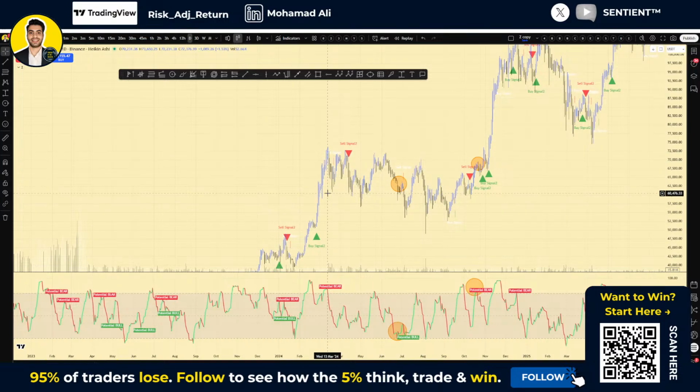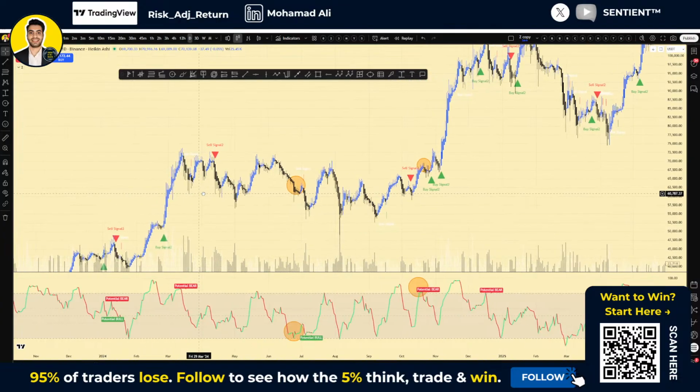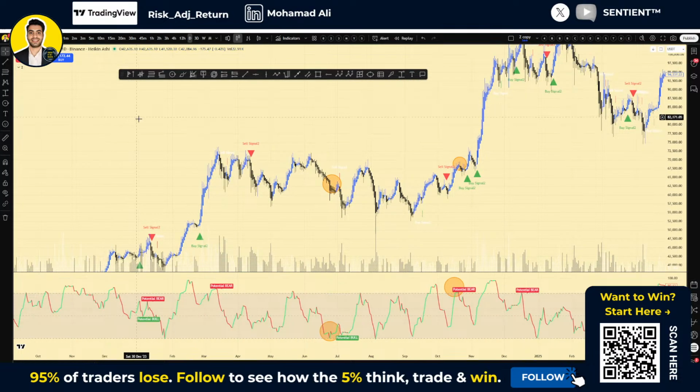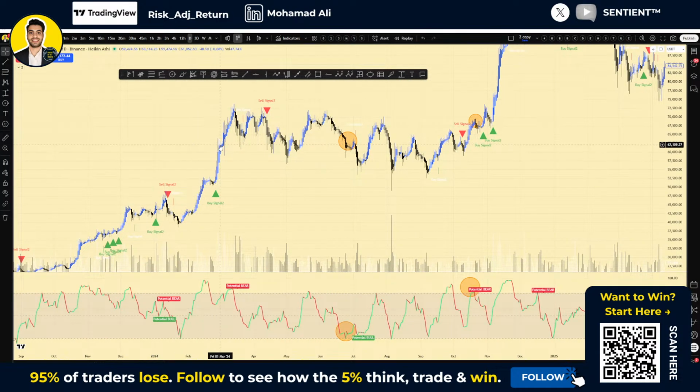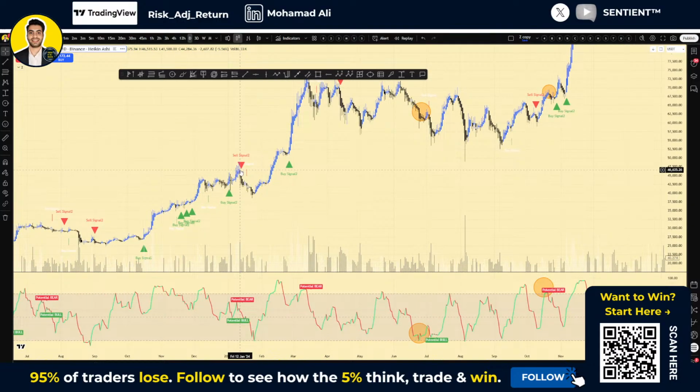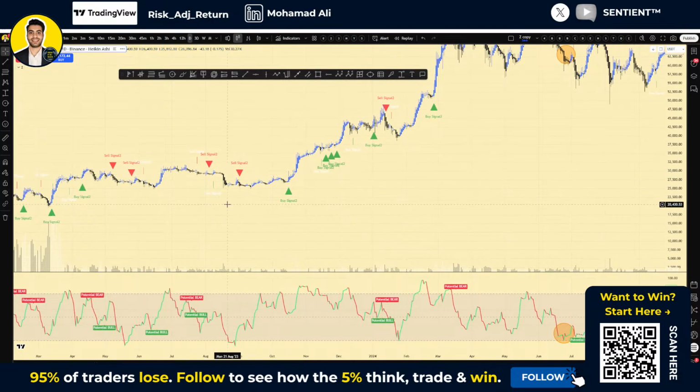Over here, when both are giving the same scenario, we can see clearly the alpha signal is a little bit more delayed than LiquidEdge. So over here, a buy, then later on a sell, and a sell, which was confirmed.